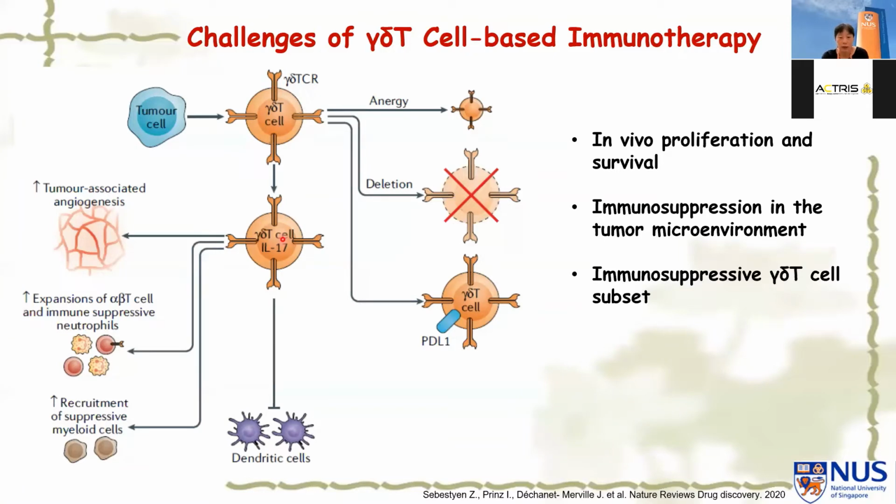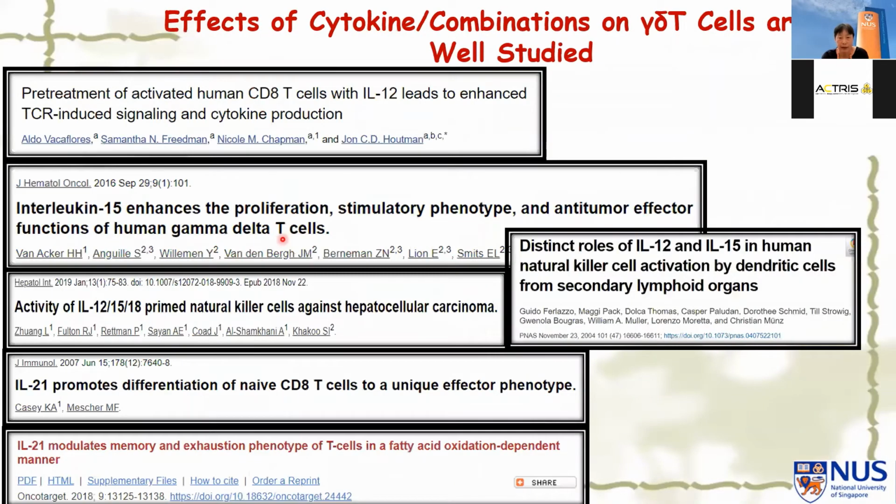So this is also concerning, in terms of the cellular product you're making, you don't know what you have there, right? So I'm going to show you an effort in my lab, done by a postdoc, Song Yuan, and a PhD student, and also my lab officer, Hui Yi, trying to make a better gamma delta T cell product by trying different combinations of cytokines. The effect of different cytokines on gamma delta T cells is not very well studied.